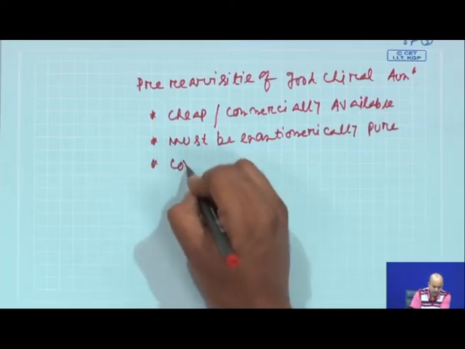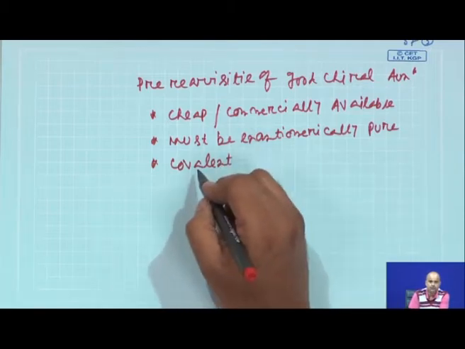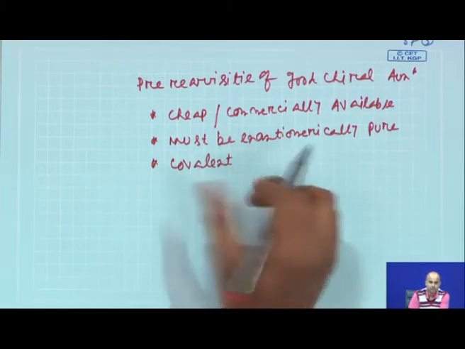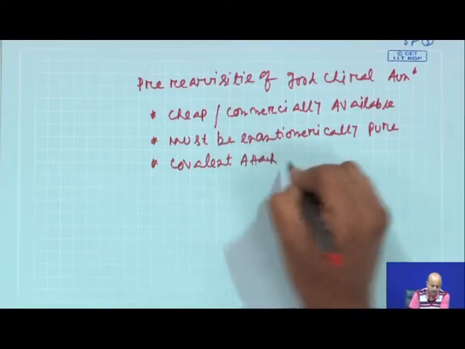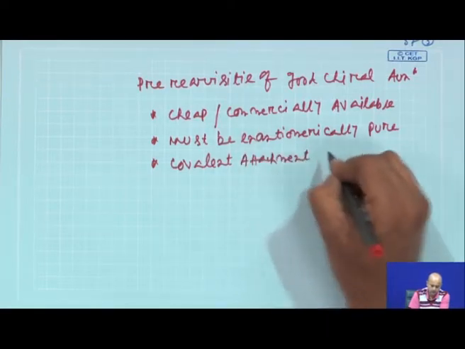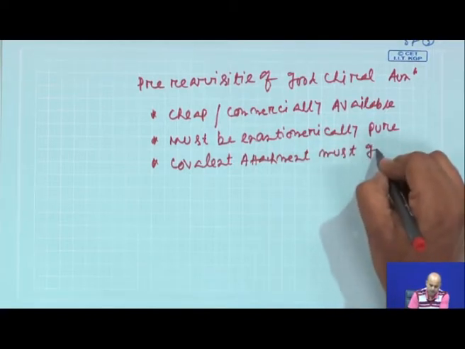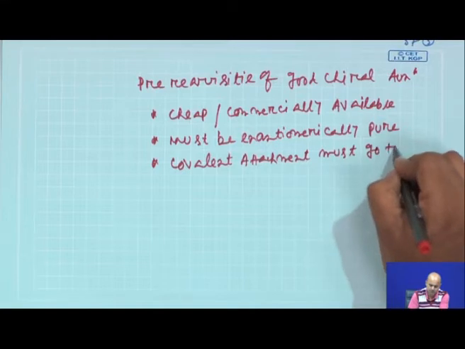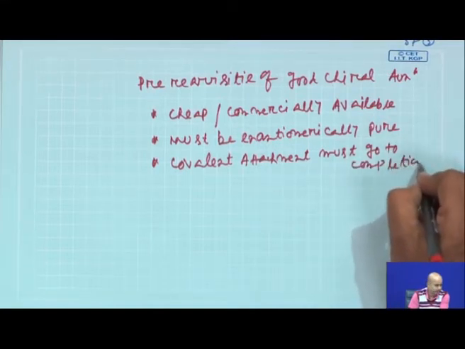The covalent attachment by which you attach the substrate to the auxiliary must be complete, which means the reaction should go to completion. This is one of the essential criteria.